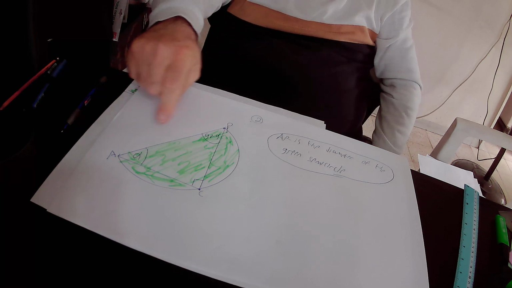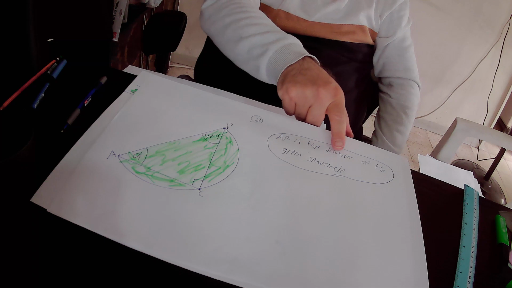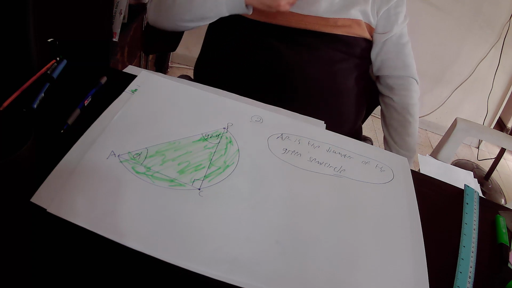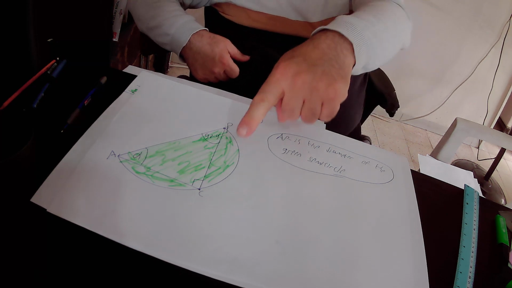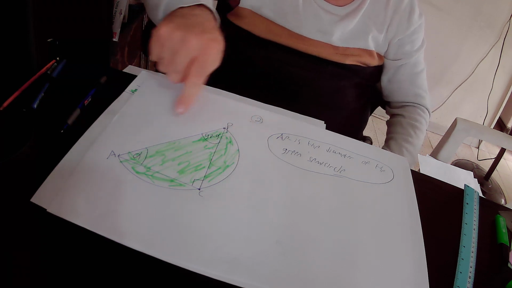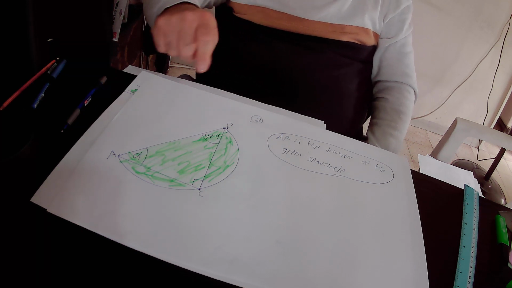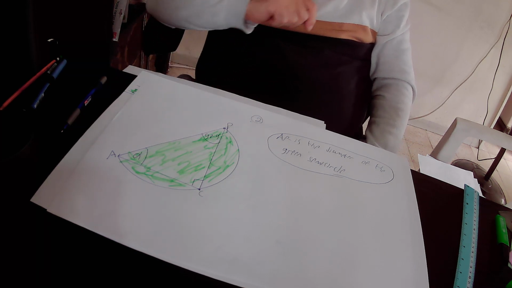Again, here AP is the diameter of this green semicircle. By joining points P and C together by a straight line, we created peripheral angle ACP, and it is subtended on AP, the diameter of this green semicircle.